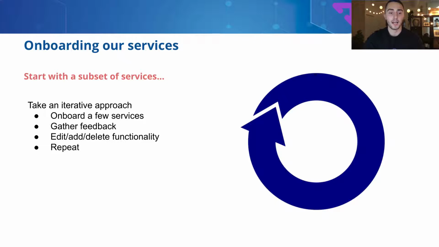And we edited, added, or deleted functionality. And then we repeated this process, adding a couple more services each time. And I believe after 5 or 6 repetitions of this, we had about 40 lower priority services using Spinnaker, and our pipelines were more mature and sophisticated than when we started.